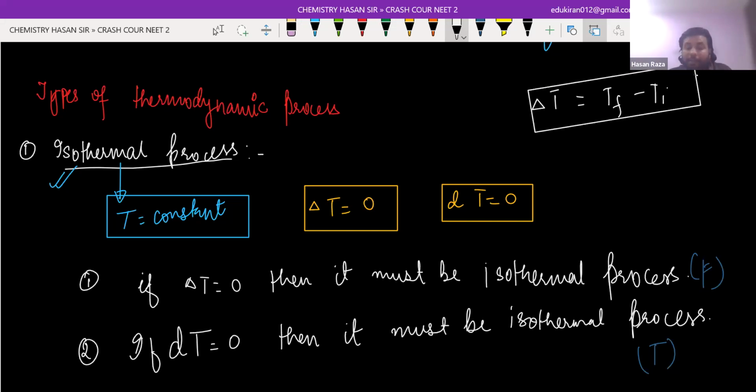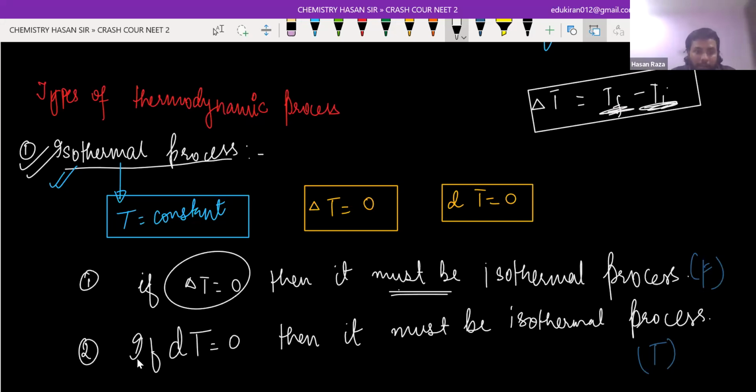It may vary, and if temperature varies between initial and final, it cannot be isothermal. So if delta T equals 0, it may or may not be isothermal. It is not necessarily isothermal.